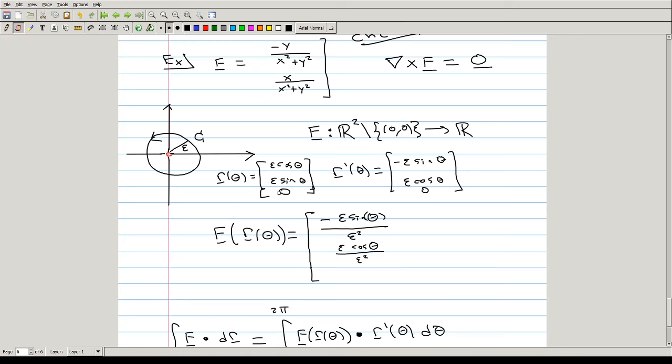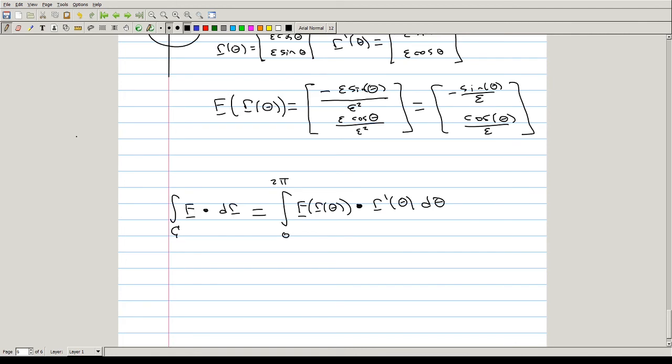I guess really we don't have to consider the third component until we consider the curl of the vector field. That's just making things a little bit too messy. So f of r of theta is just going to be negative sine of theta over epsilon, cosine of theta over epsilon.